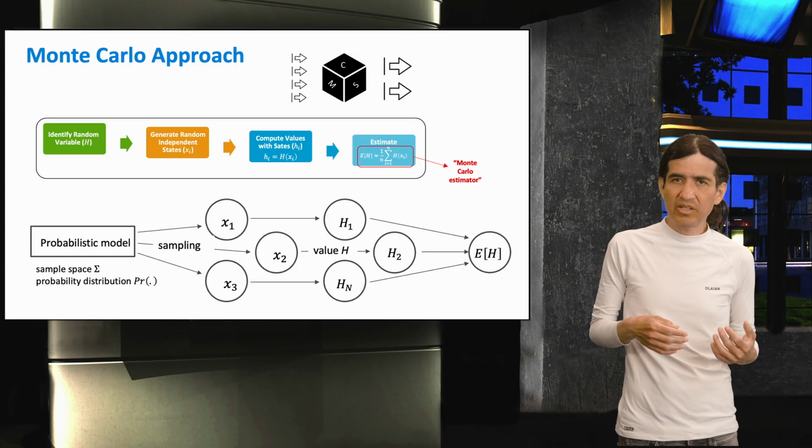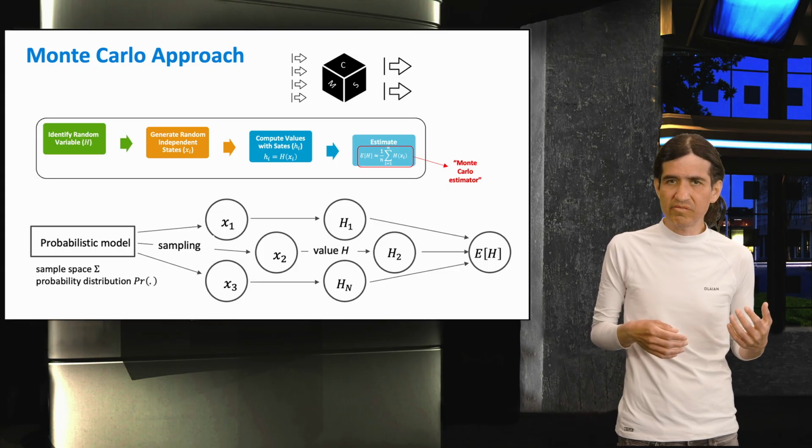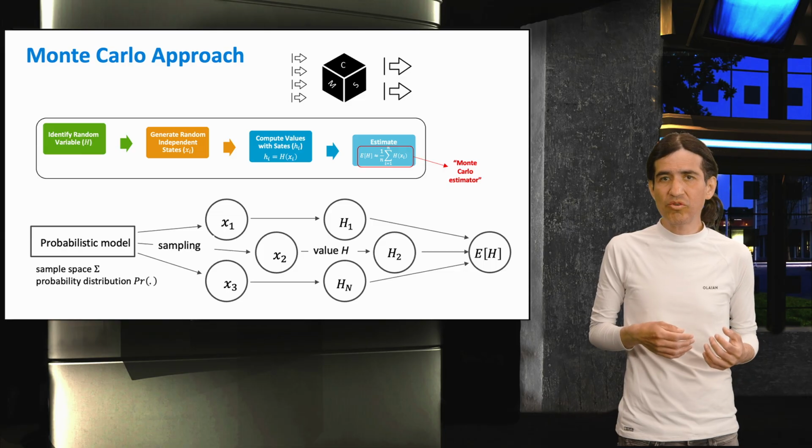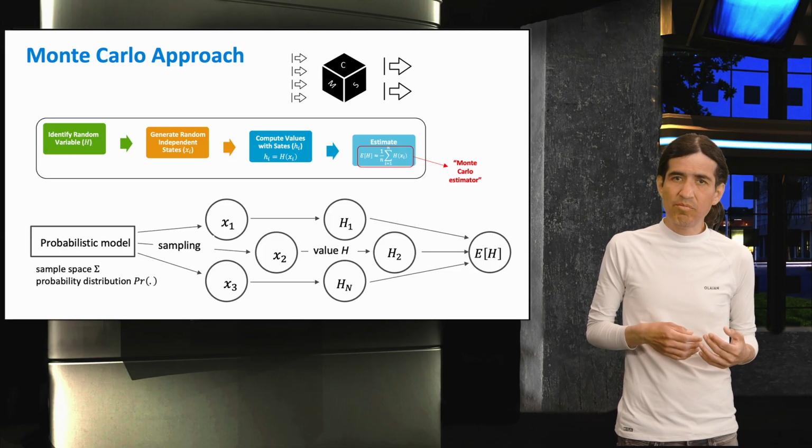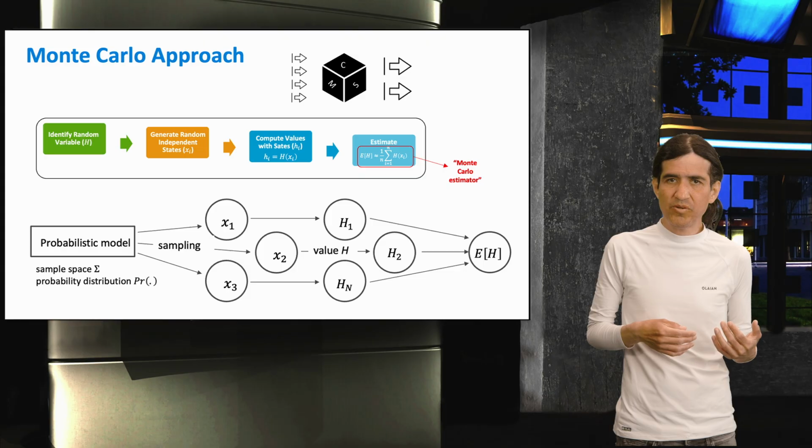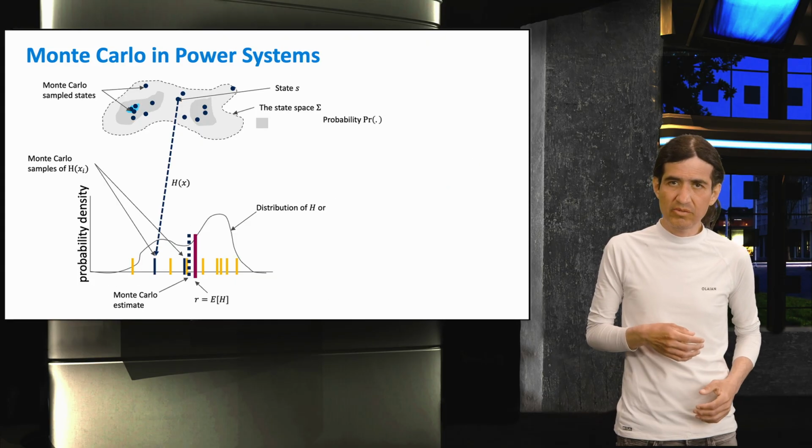In the non-sequential Monte Carlo method, each randomly sampled operating condition X, that is, a specific combination of load and demand drawn from the probability distributions, is passed through a deterministic power flow model, producing a corresponding system response H of X, like bus voltages and line flows.